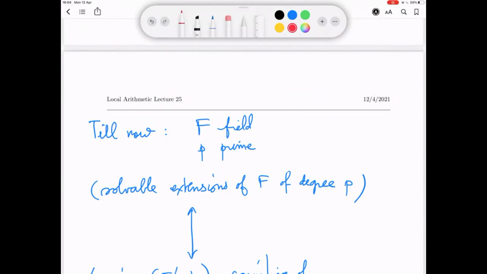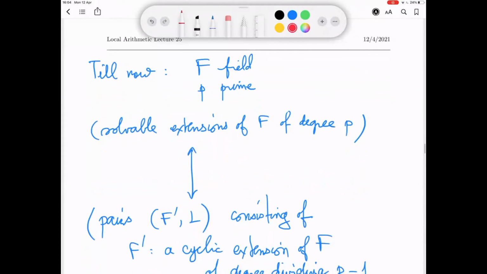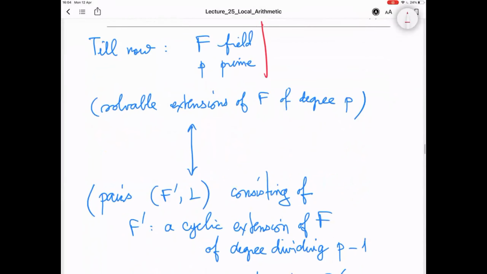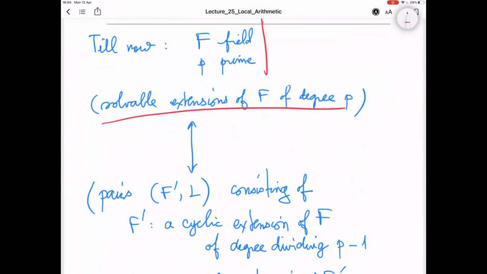So let's summarize what we have done. We have a field F and a prime p. We have the set of all soluble extensions of F of degree p. Of course, everything is to be taken up to F isomorphism or F conjugation.